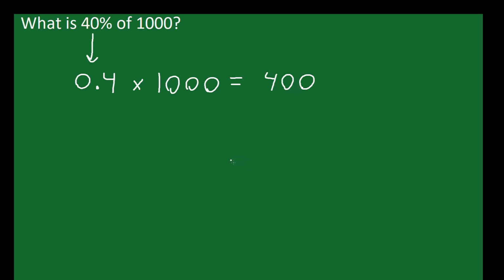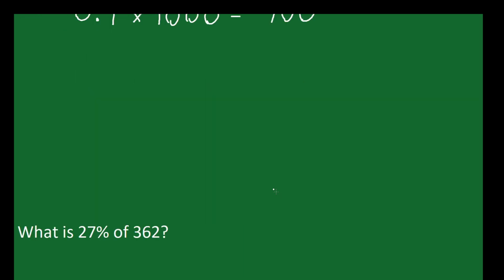Now you might say that one's kind of easy because 40 is 40% of 100. So of course 400 is 40% of 1,000, right? They're proportional. This one makes sense. But you can have some that are more difficult. Something like this. What is 27% of 362? 27% as a decimal is 0.27.